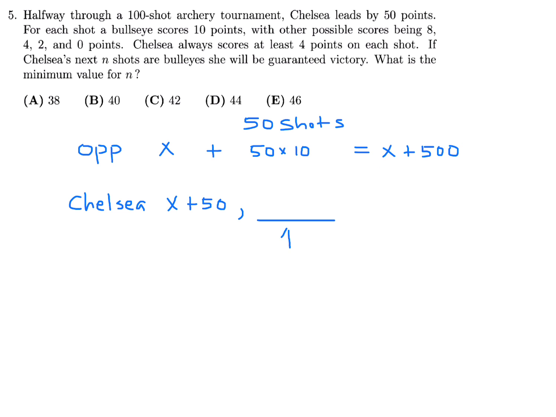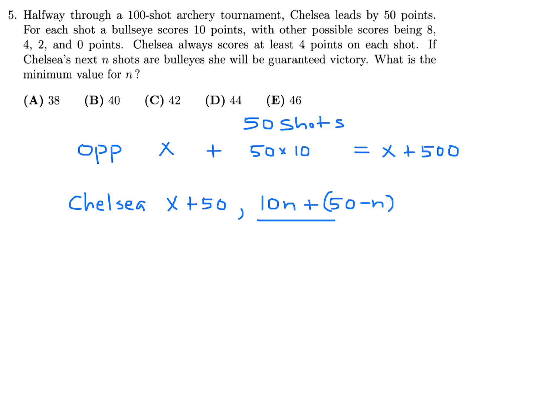So let's concentrate on now, what is she going to score there, right? Well, she's going to score a certain number of bullseyes, and they tell you that, for N shots, and for each she'll get 10 points. And then the other shots, if she scores N bullseyes, and there's 50 shots to go, 50 minus N is the other shots that are not bullseyes.